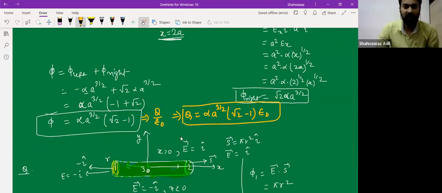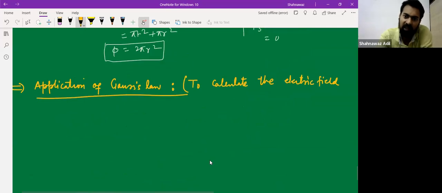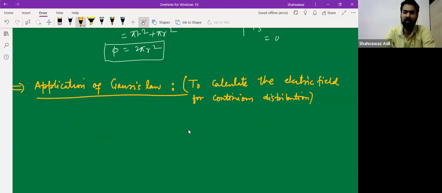But for the continuous distribution, you can also calculate the electric field. And what do I mean by continuous distribution? So let's say this is an infinite line charge.